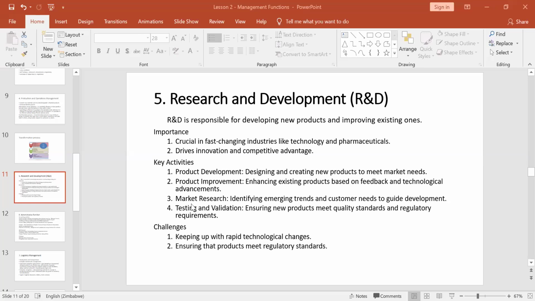That was product improvement, and product improvement is still ongoing through market research. Do you see I'm now on number 3 there? Market research: identifying emerging trends and customer needs to guide development. So as they were improving the product, they were doing market research. They realized this phone can also have a camera. They used to have cameras even before they had touch screen. There is need to have more space.